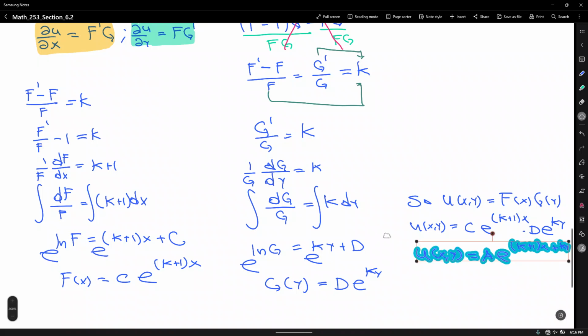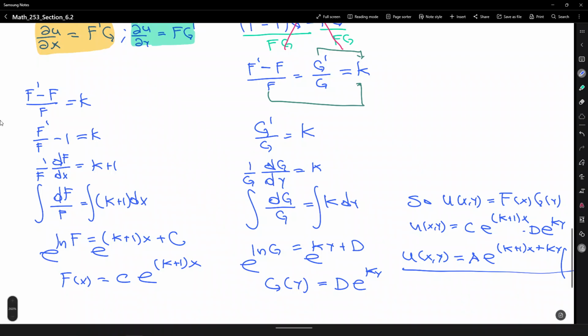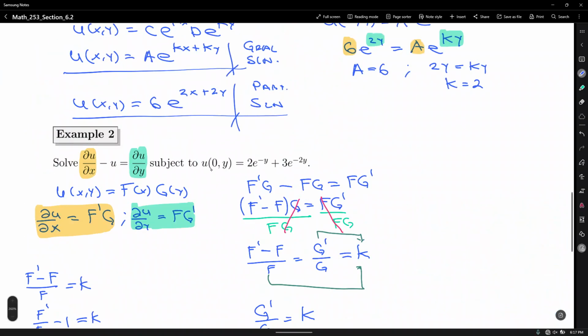Okay, let me make this a little bigger. That's too tiny. All right. So that is our general solution, guys. But that's not what we want. We wanted a particular solution, the solution related to this condition.